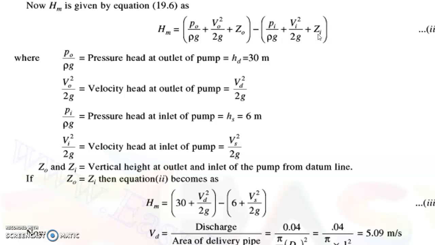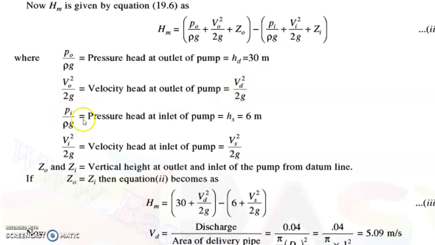Pressure head is already given in the problem, that is the delivery head, so that is 30 meters. Velocity head at outlet of the pump, outlet means where it is getting delivered, so we can say it is Vd square by 2G.